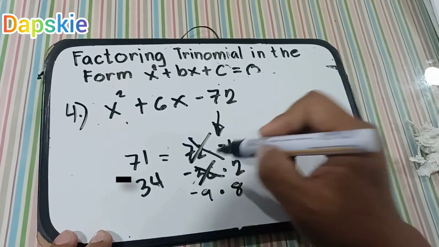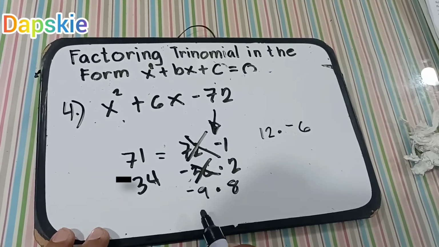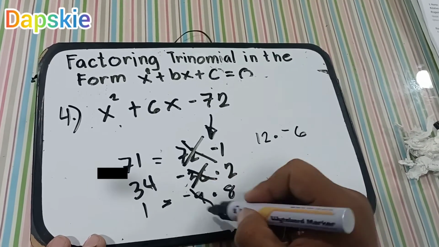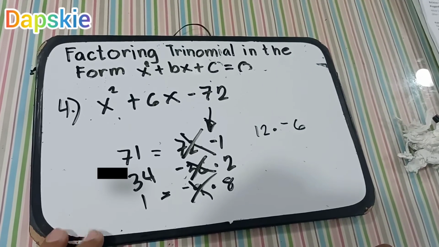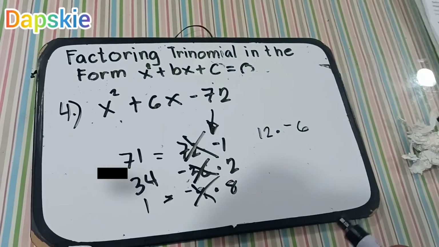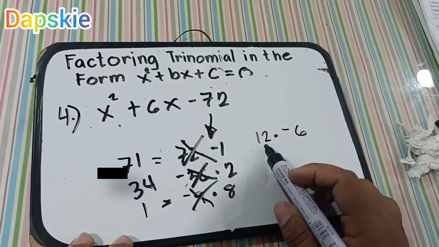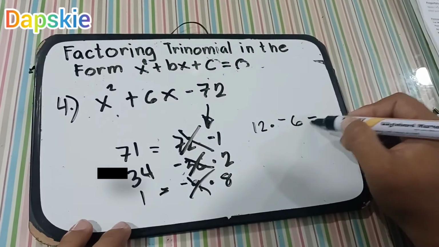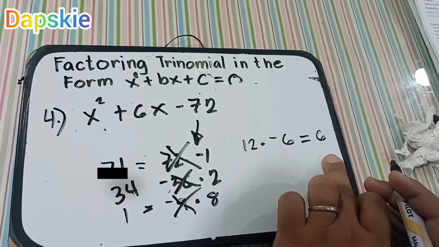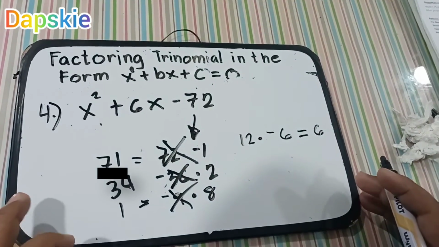How about negative 9 plus 8? This is negative 1, so cancel, because as I said, we are looking for 6. How about 12 plus negative 6? This is 6. Now we get 6, which is equal to the second term.